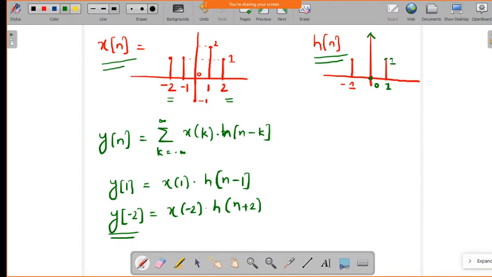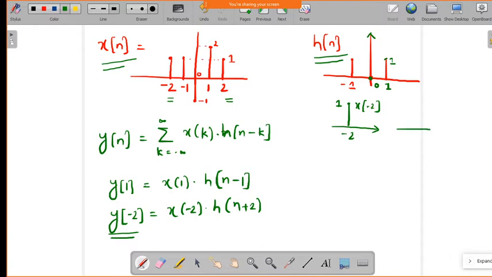So now what is x of minus 2? At minus 2, it has a value 1. Now what is h of n plus 2? h of n is this. h of n plus 2 means I have to shift it 2 times to the left side, is it not?